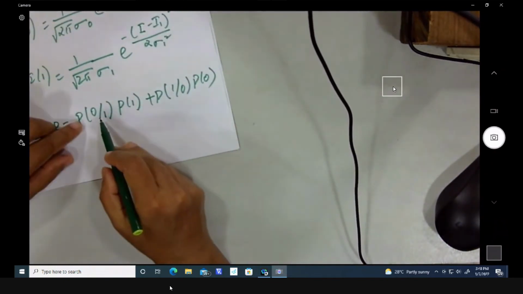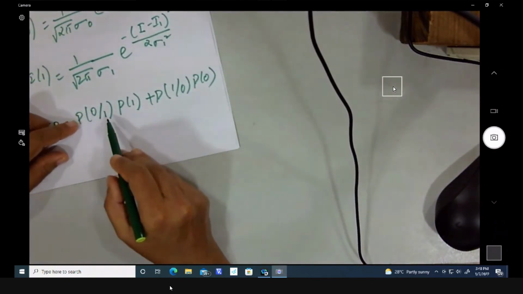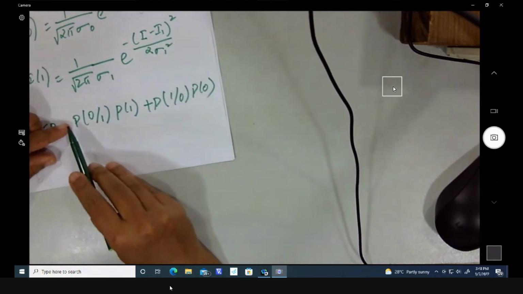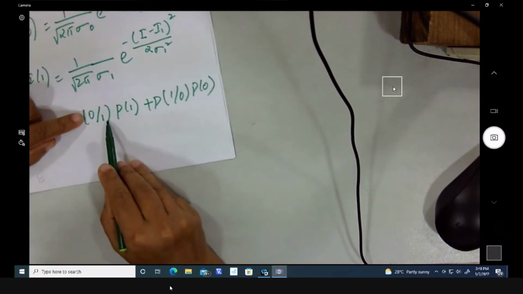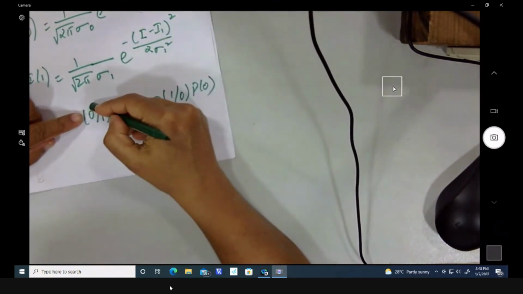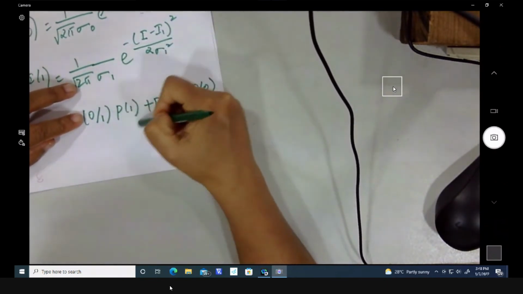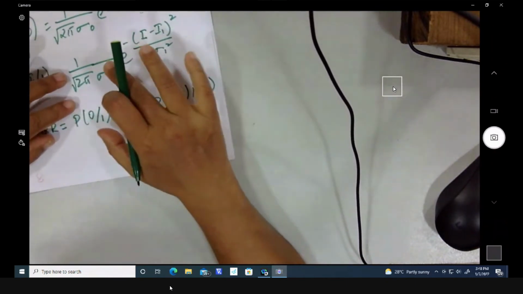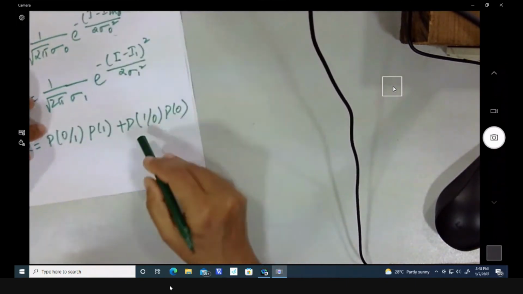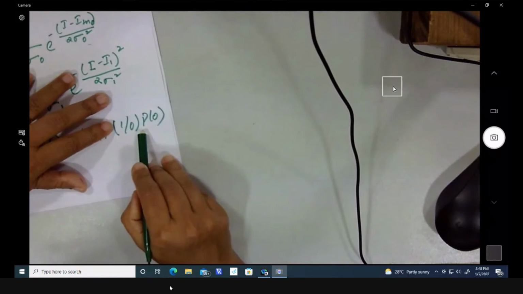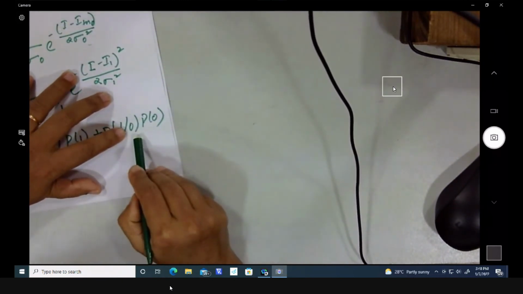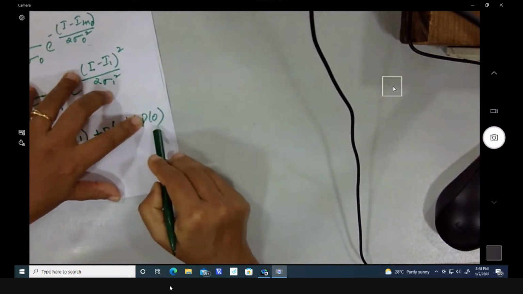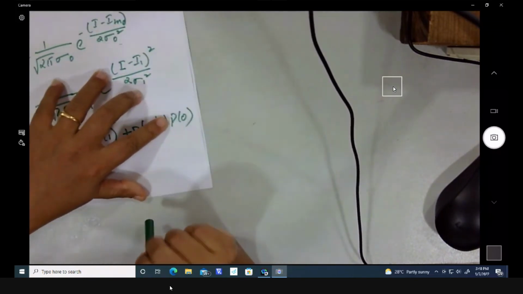That means the probability of 0 given 1 is the probability that 0 is detected when 1 was transmitted. Here 1 was transmitted and 0 has been detected. That happens with the probability of 1 received. Similarly, the probability of 1 detected when 0 was transmitted, multiplied by the probability of 0 received.